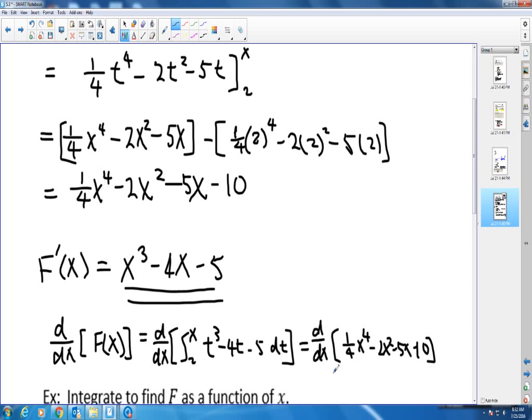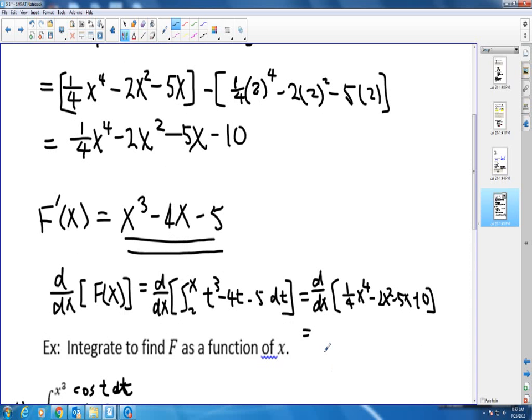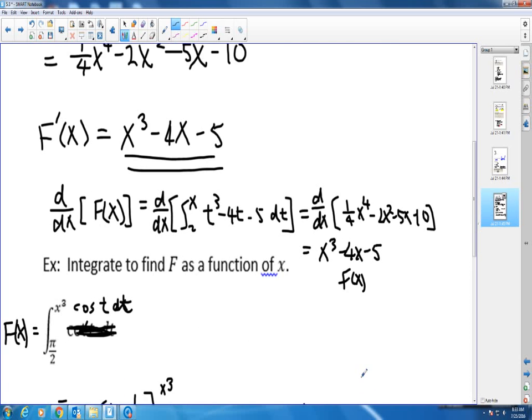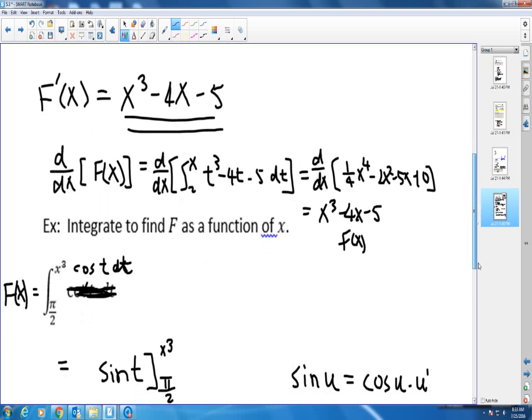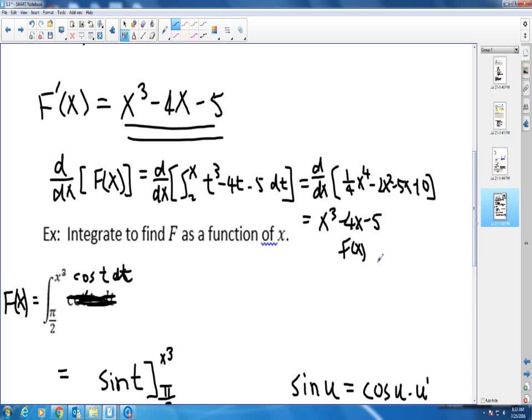So the derivative of the antiderivative will keep bringing me back to my f of x, x to the 3rd minus 4x minus 5. And that's my f of x. Second fundamental theorem of calculus. Sounds like a no-brainer. In a way it sounds like a no-brainer.